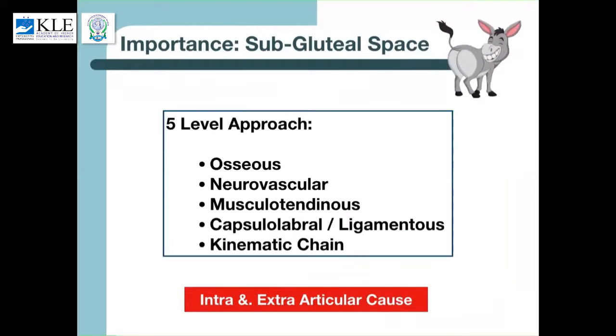To best understand this, I use a 5-level approach, so we don't miss diagnoses as we're going through our clinical testing, both subjective and objective. So these are your osseous, your neurovascular, your musculotendinous, your capsulolabral or ligamentous, and then your kinematic chain. And this was described by Hal Martin.